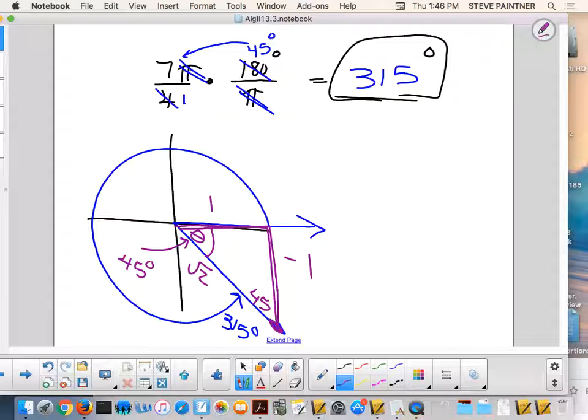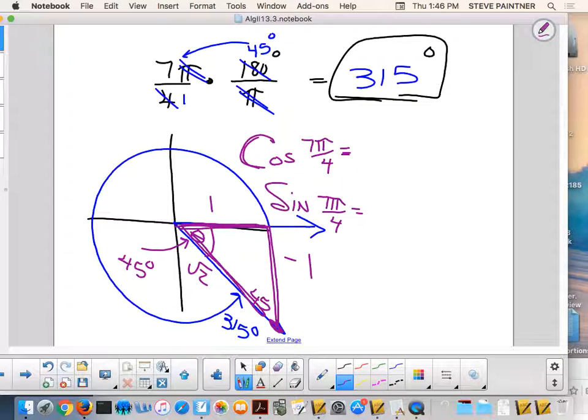Okay, what is cosine of 7/4 pi? What is sine of 7/4 pi? Let's do cosine first. There's theta. Can you give me the ratio right away? 1 adjacent. 1 over square root of 2.